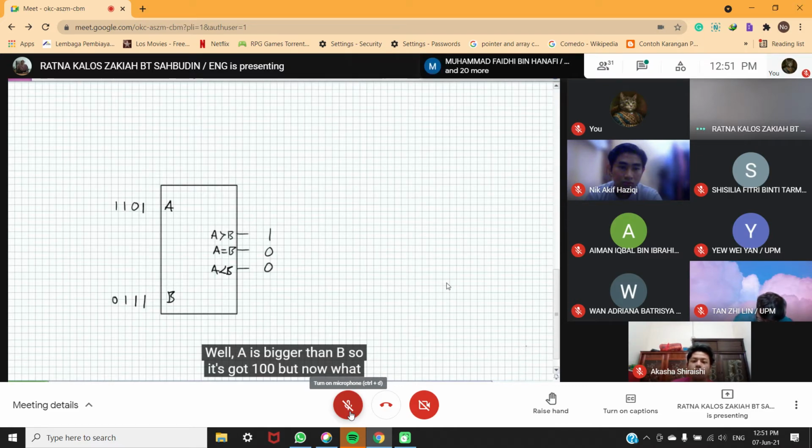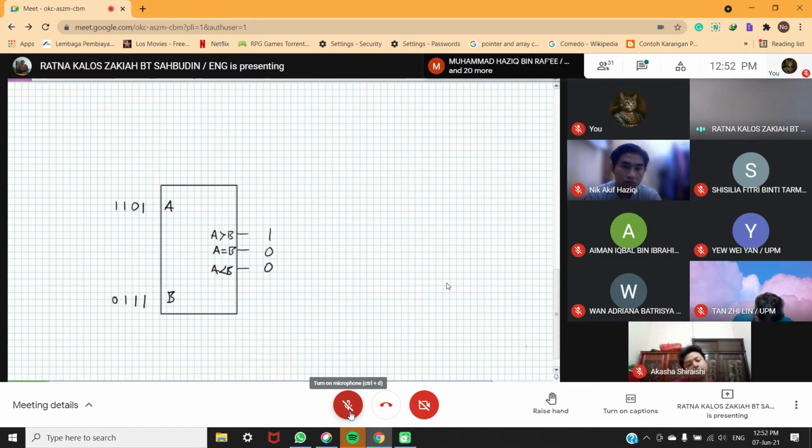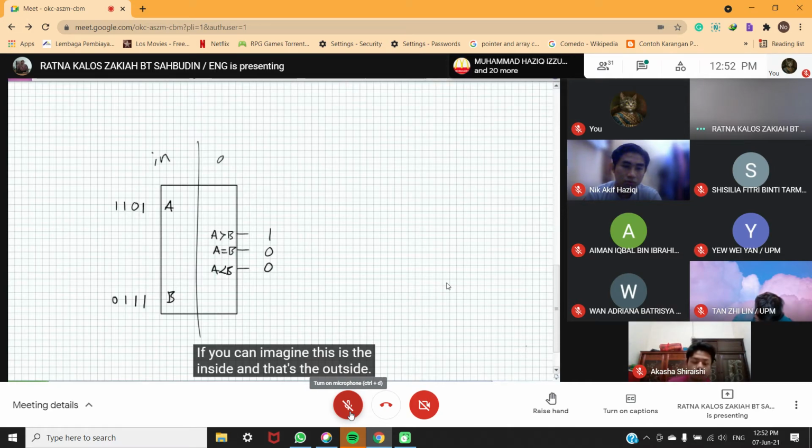But now, what if A was part of another number? What if B was part of another number? I've got to find a way to pass information between 2 comparators. If you can imagine, this is the inside and that's the outside. Check this out.